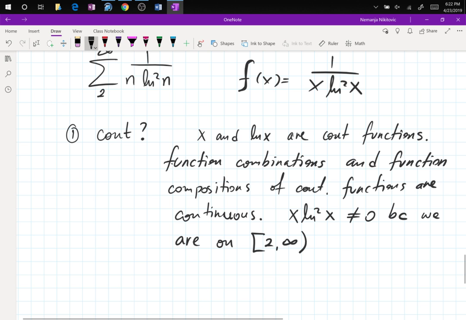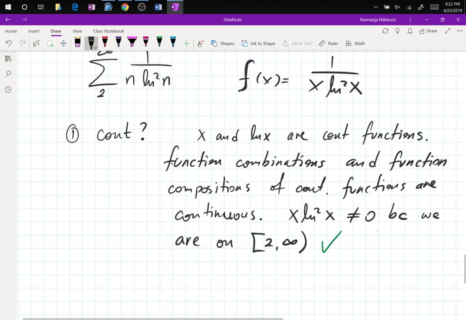The only thing that you need to show now is that the division over here is continuous, which means you are not allowed to have 0 in denominator. So denominator cannot be 0 because the lowest value x can take is 2. So at worst, this is 2 ln 2 squared, right? So you are not in danger of creating 0 in denominator. So now we have proved that the function is continuous.